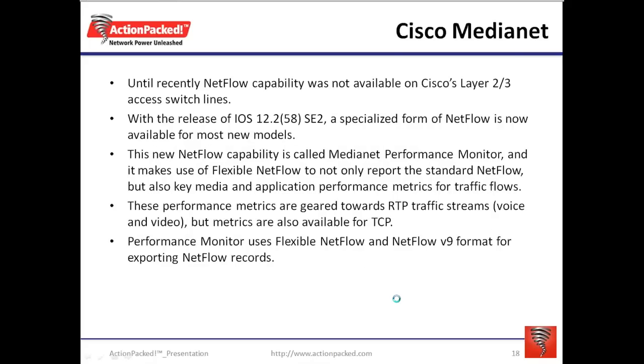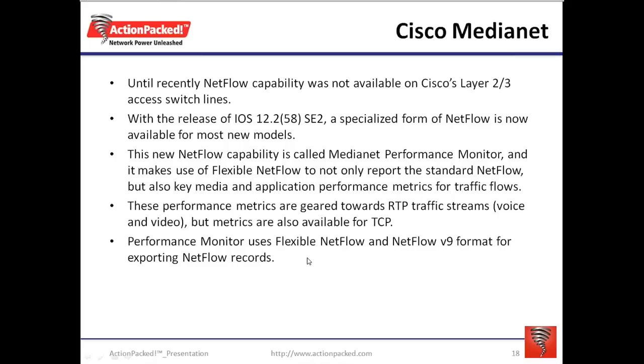Cisco Medianet also gives us new capabilities. Until recently, NetFlow capability was not available on Cisco's Layer 2 and 3 access switch lines, 3750 as an example. With the release of the iOS shown here, 12.2(58)SE2, a specialized form of NetFlow is now available for new models. It's a new template again.